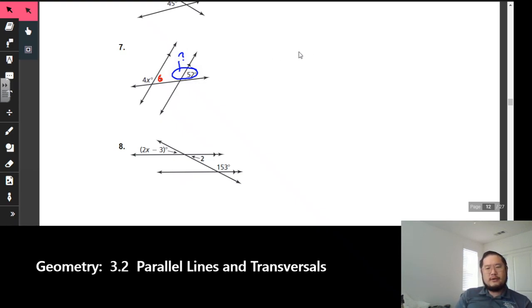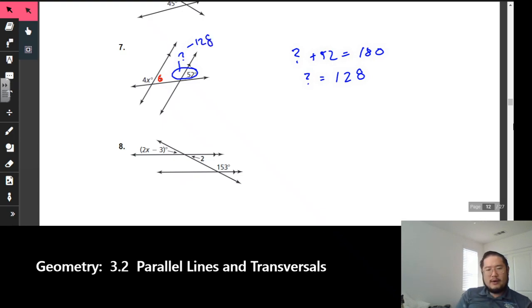So what I could do is say question mark plus 52 degrees is supposed to be equal to 180. Now let's find this mystery angle by subtracting 52 from both sides, and by doing that I end up with 128. So we now have the mystery angle, which is 128.